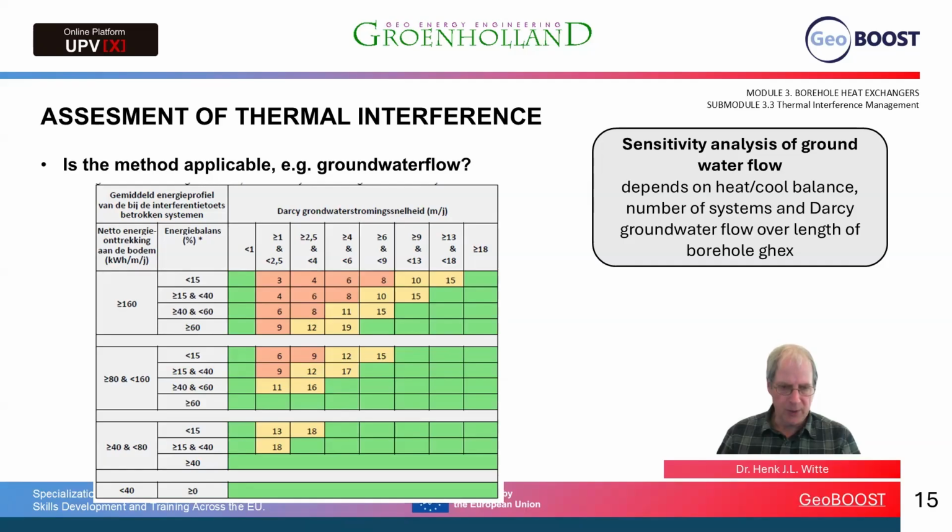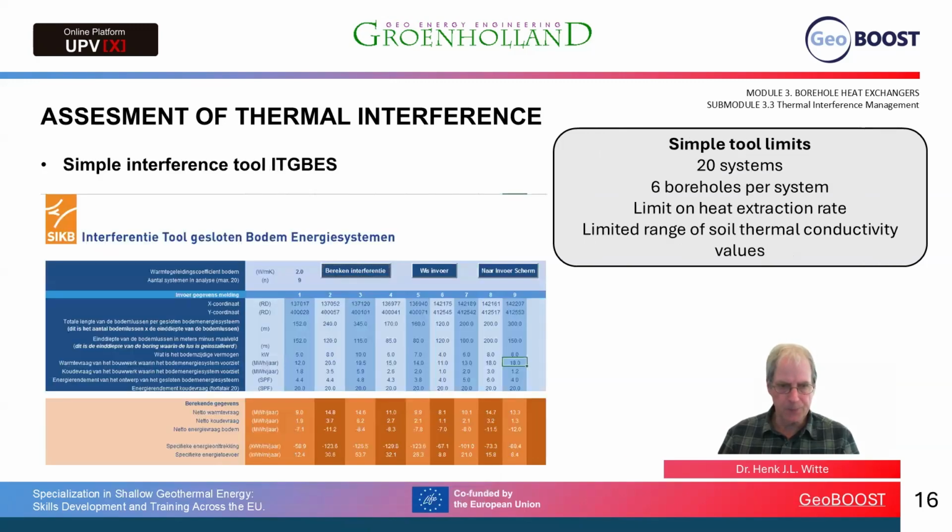Basically, what we do here is look at whether the directional effect given by the groundwater flow has a big or a small effect on the calculated temperature difference without groundwater flow. So again, this was based on a large sensitivity analysis of many different groundwater flow situations.